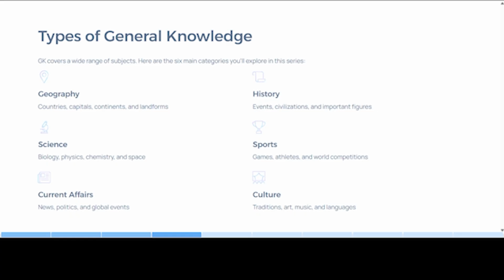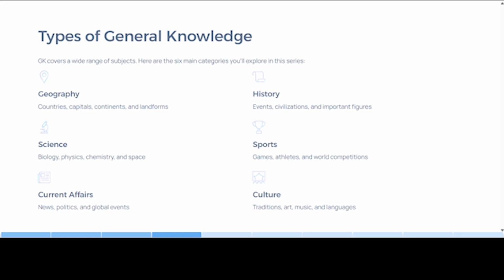Science includes biology, physics, chemistry, and so on. Sports cover the games, athletes, and more. Current affairs is also a GK subject. Culture includes the language, music, art, and customs around the world. Together, these subjects are the major foundation of general knowledge.